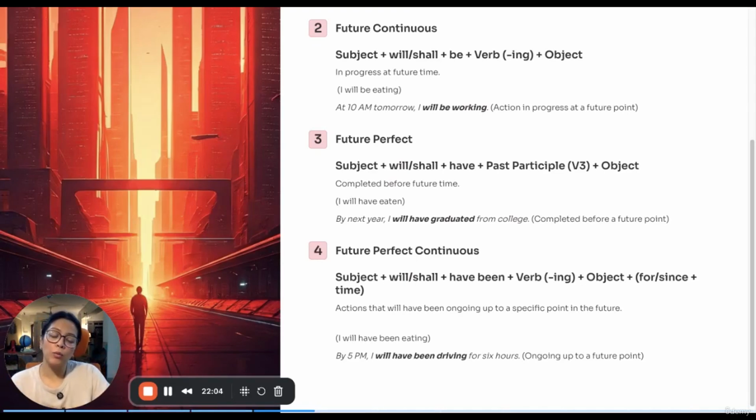That's when we use future perfect continuous. Now the formula for that would be subject plus will shall plus have been plus verb ing plus object. For since, if at all, there is a time. Look at the sentence once again. By 5 p.m., I will have been driving for 6 hours.